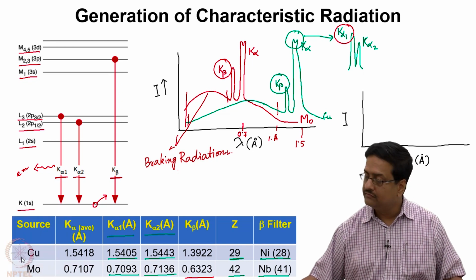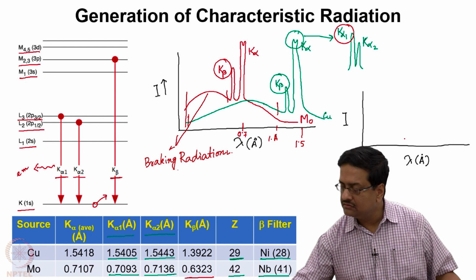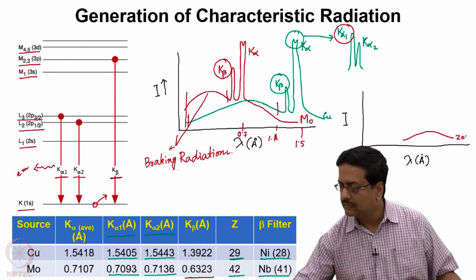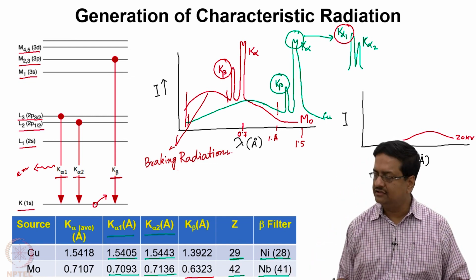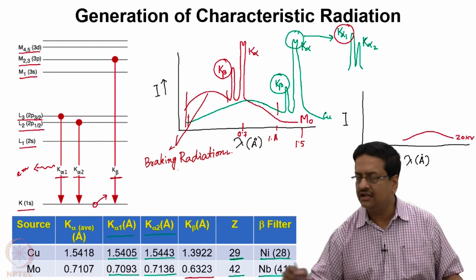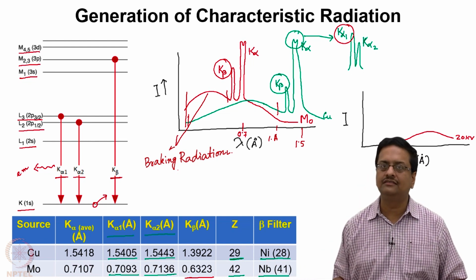With very small potential difference like 20 kV, the braking radiation should have come at much higher wavelength with very low intensity.